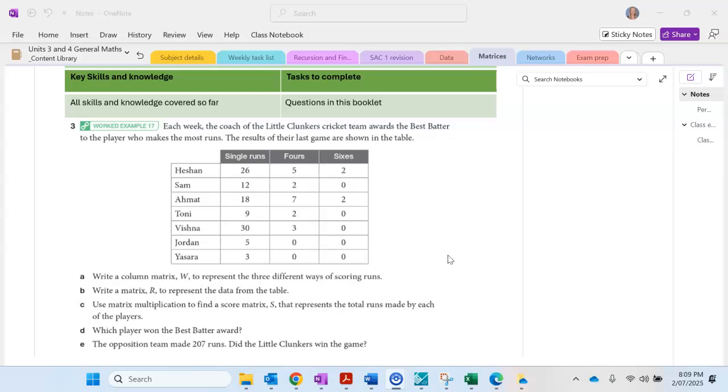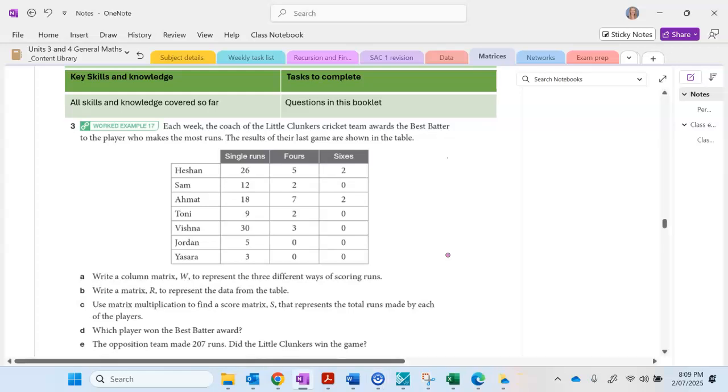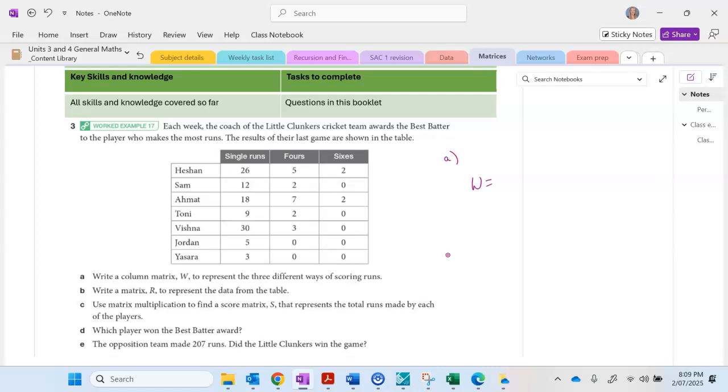So this is going to take me a bit of time to do part A, so I'm not going to do it all because we want to keep under 30 minutes. We want to define it as W, so we write W equals, and we want just a column matrix to represent the 3 ways of scoring runs. Okay, so we've got single, fours and sixes.